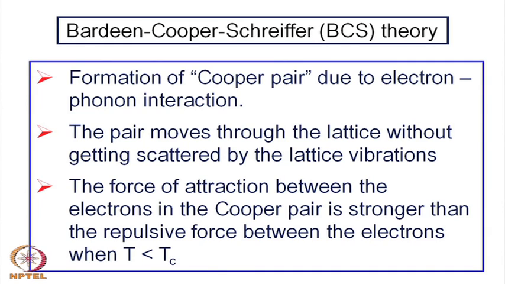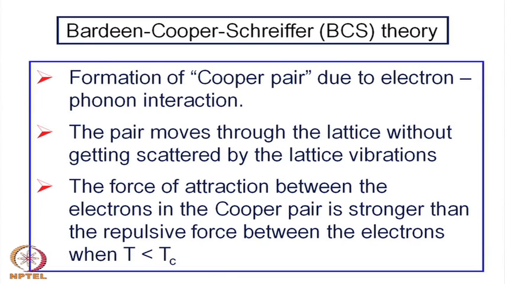So, that is a very simplified form of how to explain superconductivity under very low temperature conditions. The force of attraction between the electrons in a Cooper pair is stronger than the repulsive force, which is obvious between the electrons. This phenomenon is strongly temperature dependent, and only below Tc such things can happen.